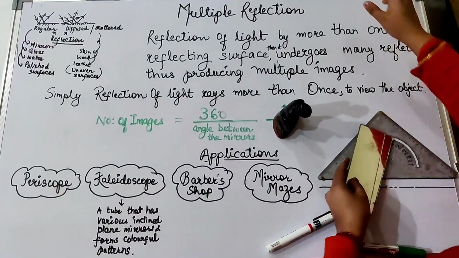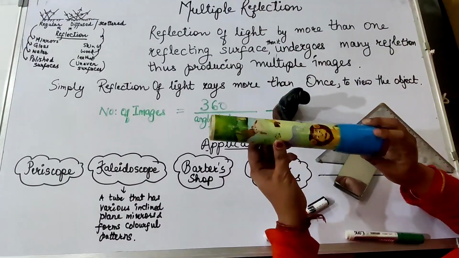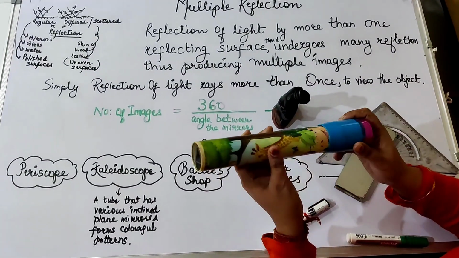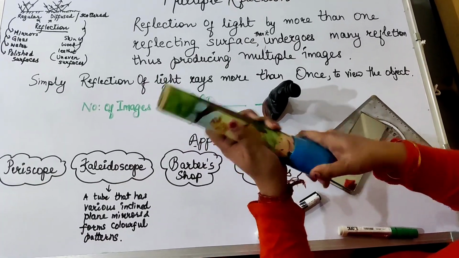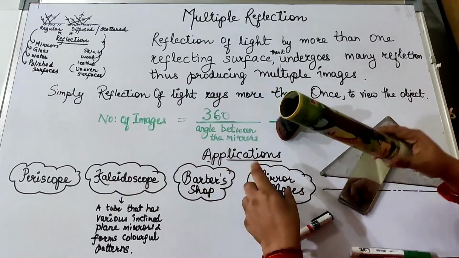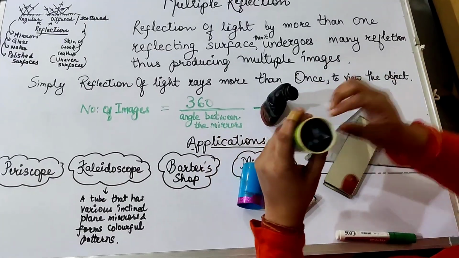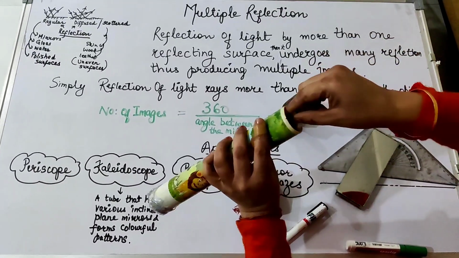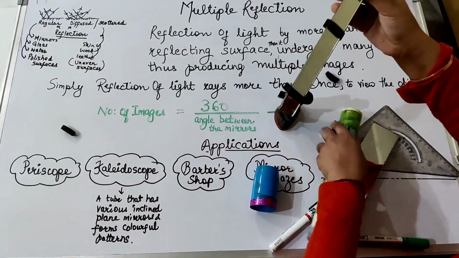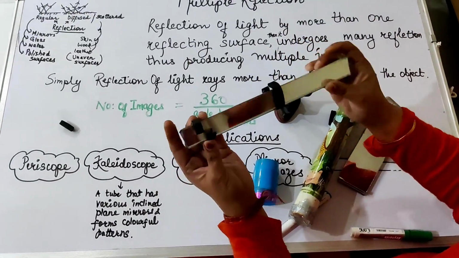Now one more example I have with me is a kaleidoscope. Let me dissect it, and what we are going to see is that this particular surface has three mirrors. I am dissecting this kaleidoscope.